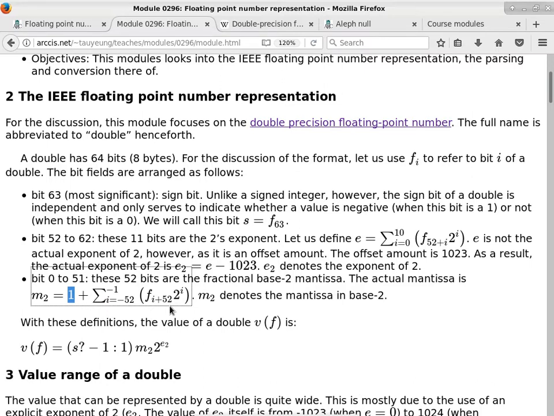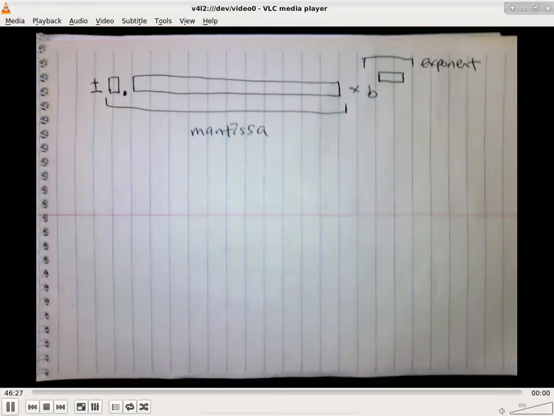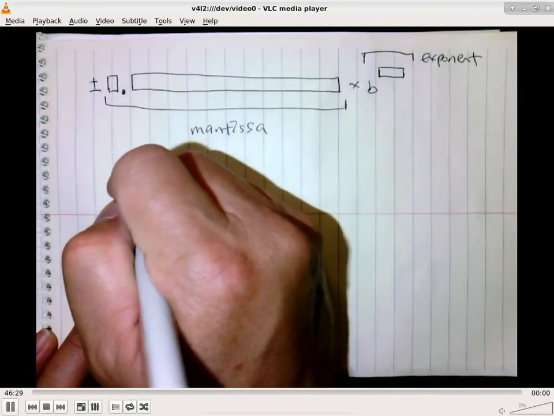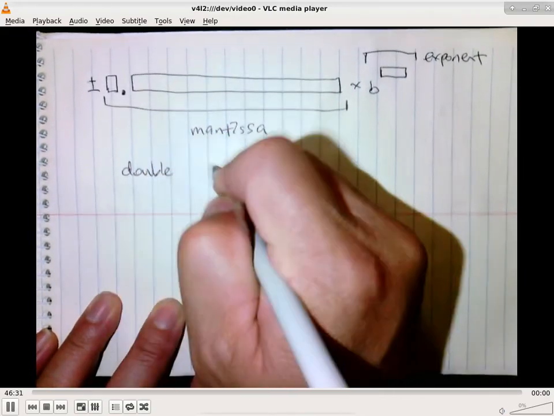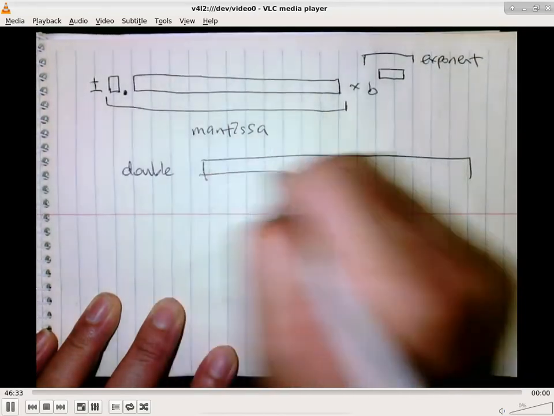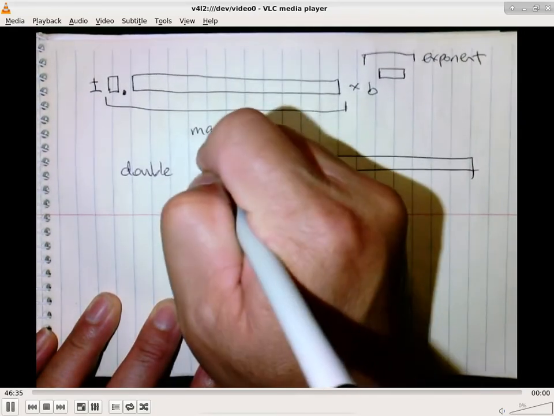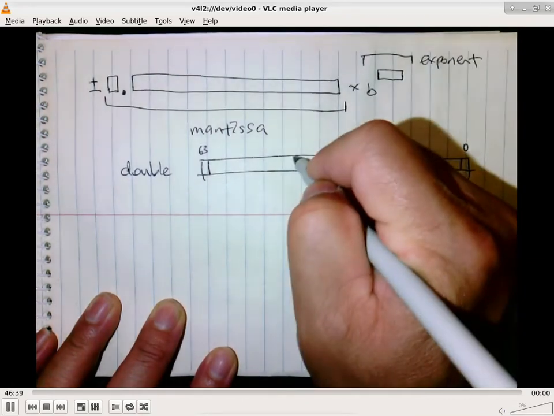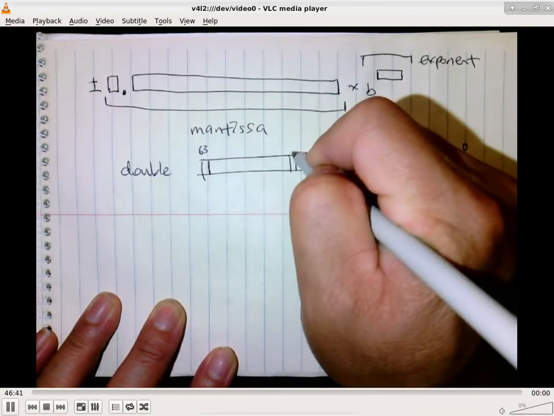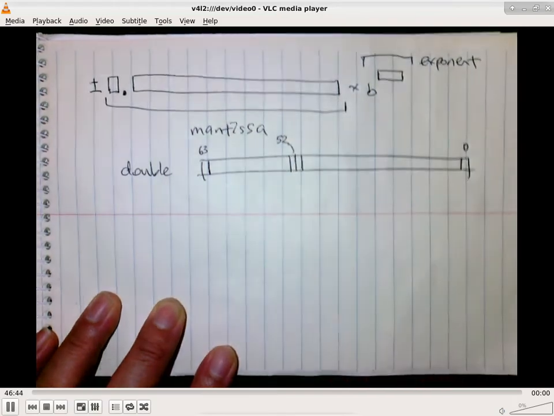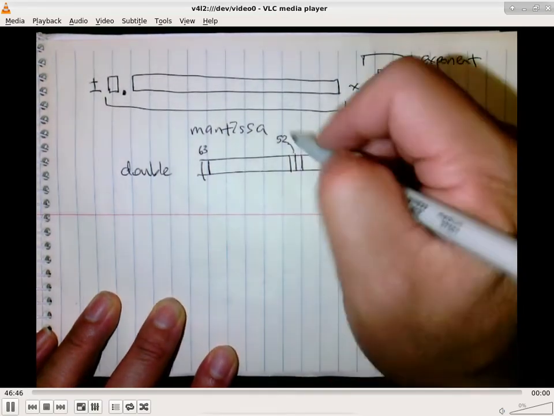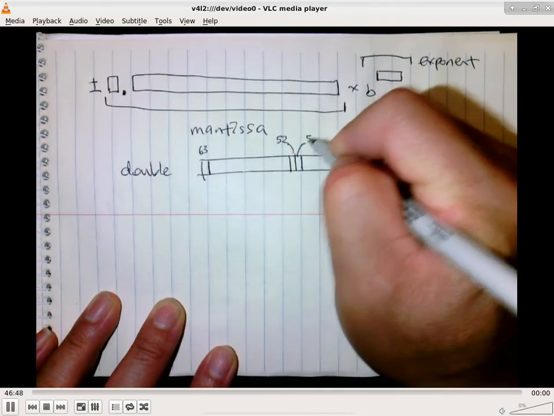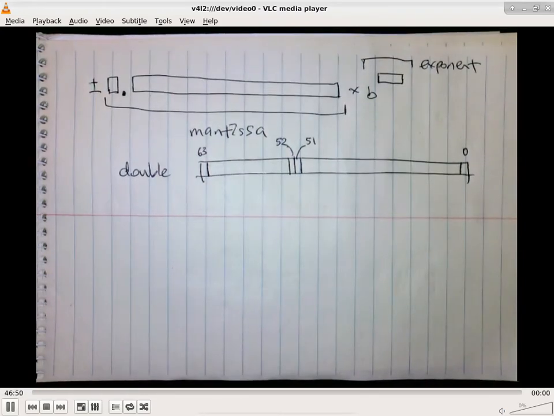Okay, so let's see if we can use a picture to represent it. When you look at a double in bit field format, the most significant bit is bit 63. The least significant bit is bit 0. This one is bit 52, which is the beginning of the exponent E. This bit is bit 51, which is the most significant bit of the fractional part of the mantissa.